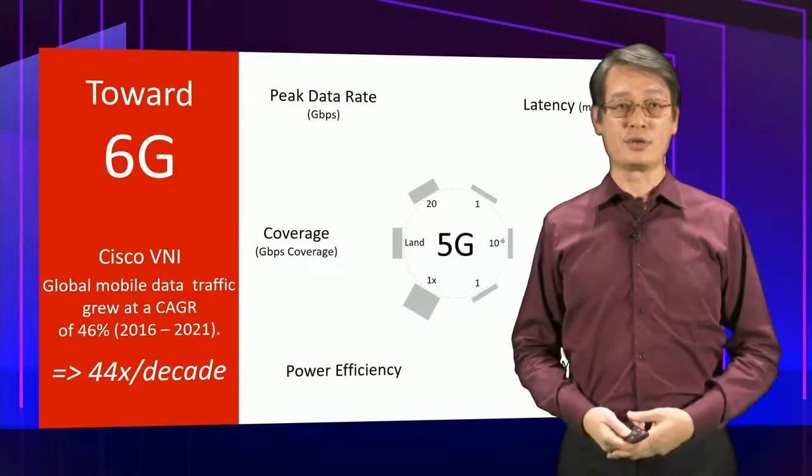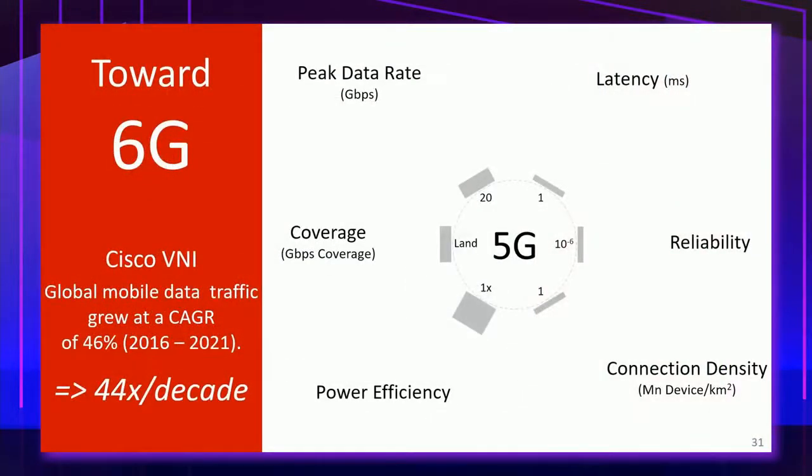Moving towards 6G, according to Cisco's VNI index, global mobile data traffic grew at a compound annual growth rate of 46% in the past 5 years. If we extrapolate using the same rate, 10 years from now, the mobile data traffic will be 44 times today's data traffic.